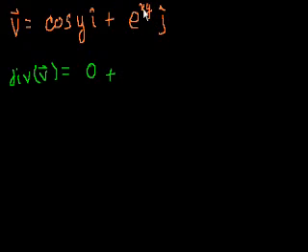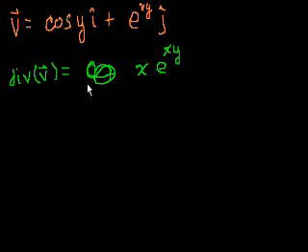Plus, what's the derivative of this with respect to y? Well, you could just view x, since it's a constant, as the coefficient on y. So the derivative of xy with respect to y is just x. And then the derivative of e to anything is e to anything. I just did the chain rule. E to the xy. And so that is the divergence. So you could just ignore this. It's x e to the xy.